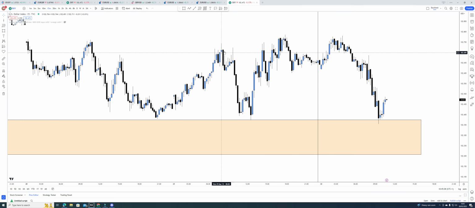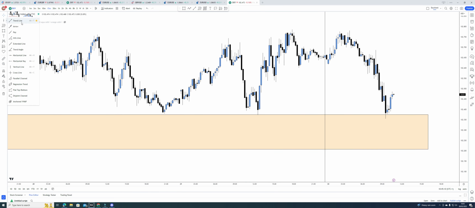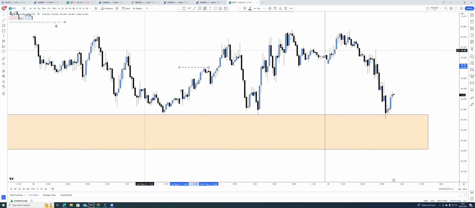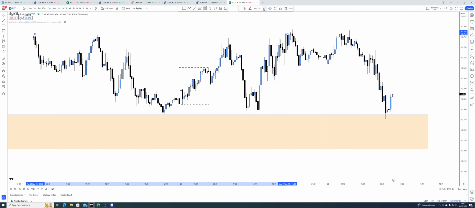So as you can see here, we have drawn the Asian range, which would be from there and down to there.